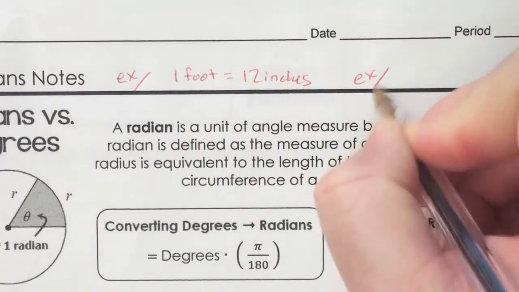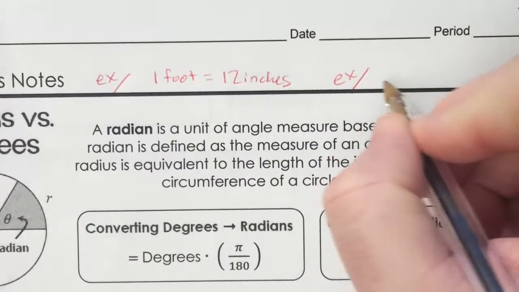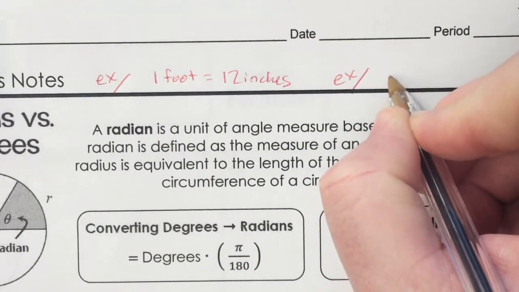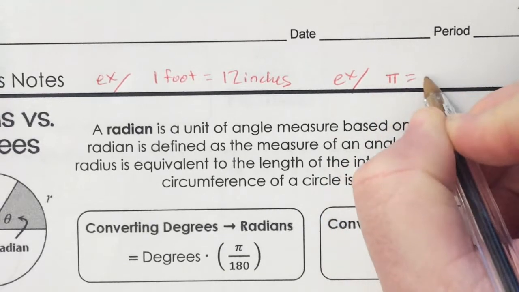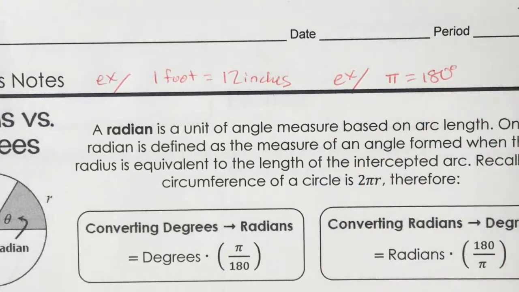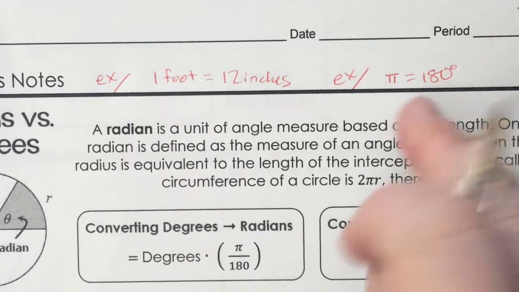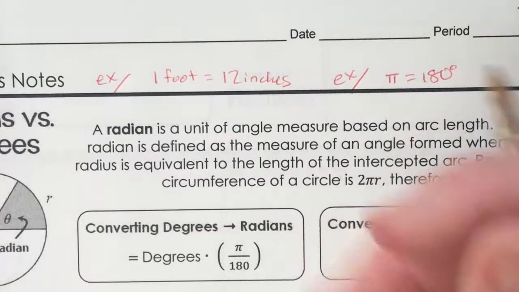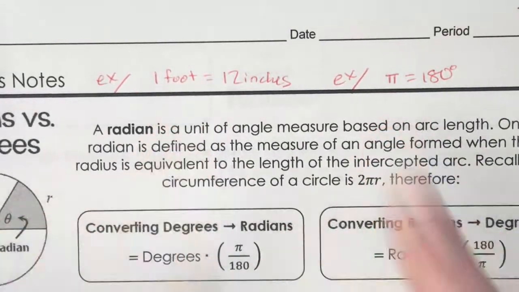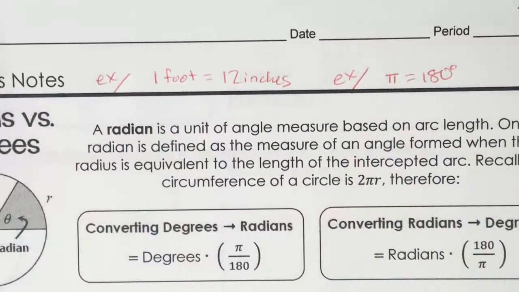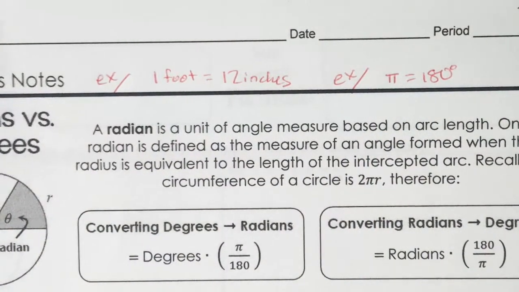So for our example, we know that pi is another way of saying 180 degrees. So pi is the same thing as 180 degrees. Just giving you an idea, we're just converting from one unit to the other.